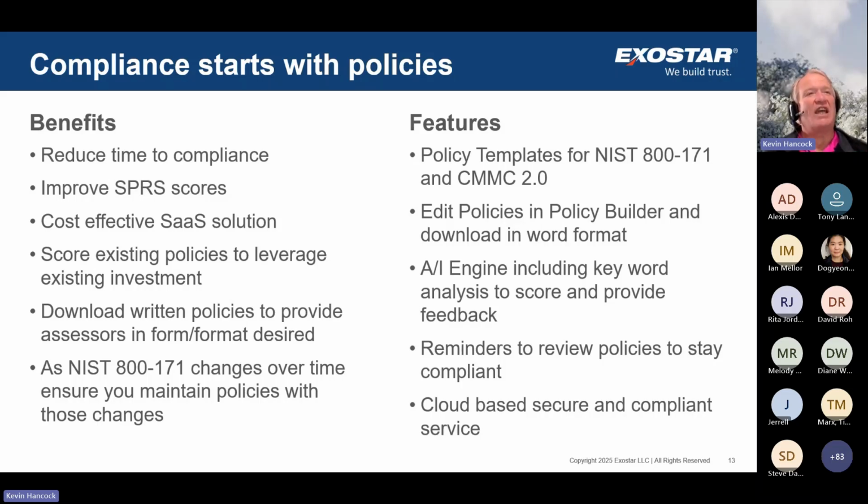If these things change, and they will change, it'll give you those things you need to change to comply with the new requirements. And as I mentioned before, it's also got that AI engine to allow you to take existing things, run it through, determine what you may need to change, and obviously keep these up to date over time. So with that, I'm going to turn it over to David and let him show you how this actually works.